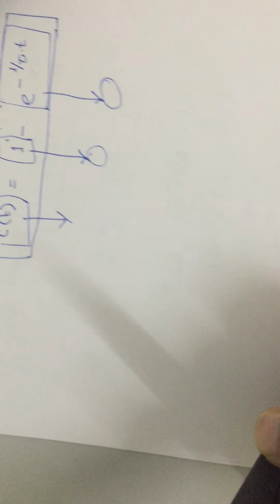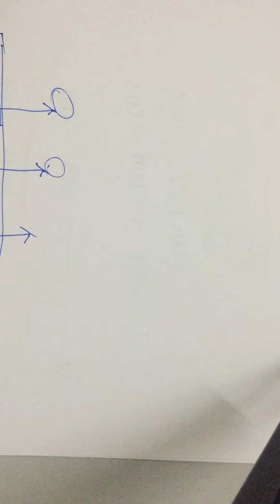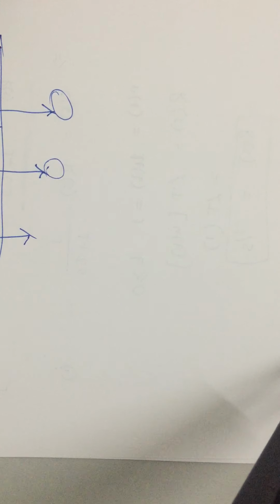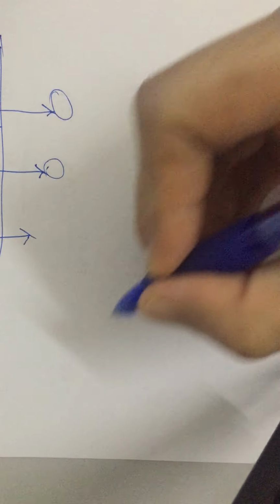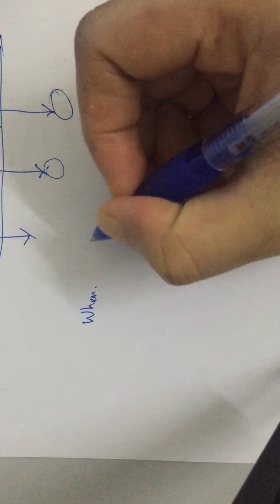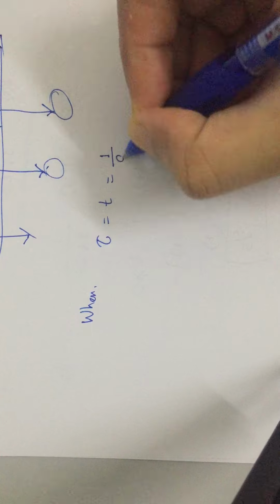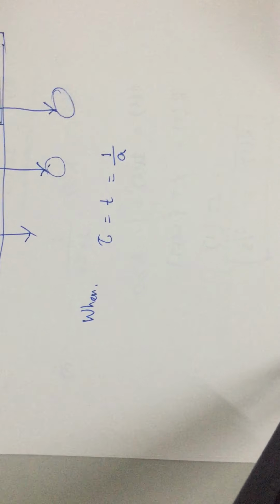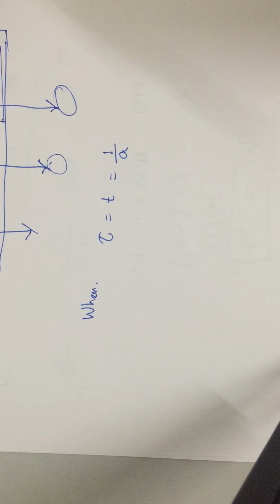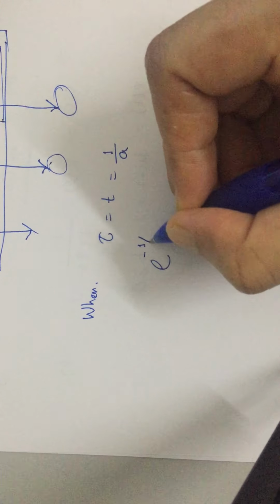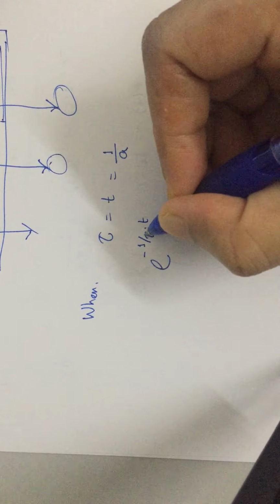Now let's go further. We want to do some more analysis. Let me check the slide, how it is moving. Now you see that when t equals 1 over a, because we know that tau equals 1 over a, we want to find the value of e minus 1 over tau t times t.